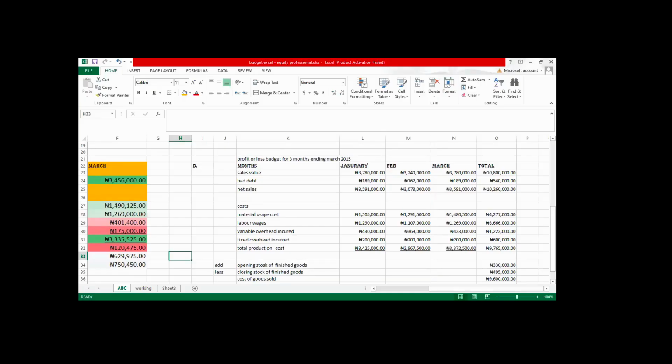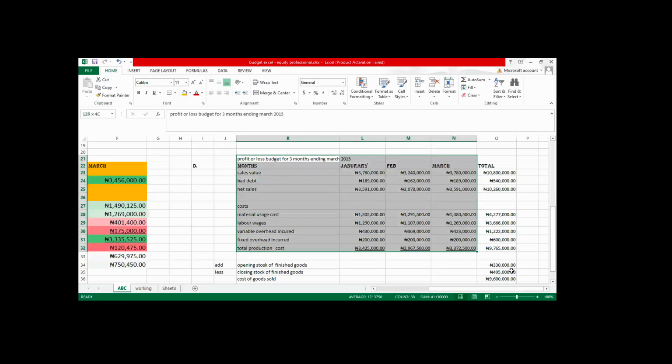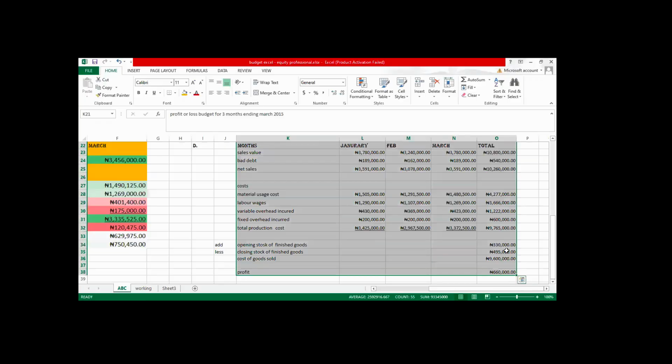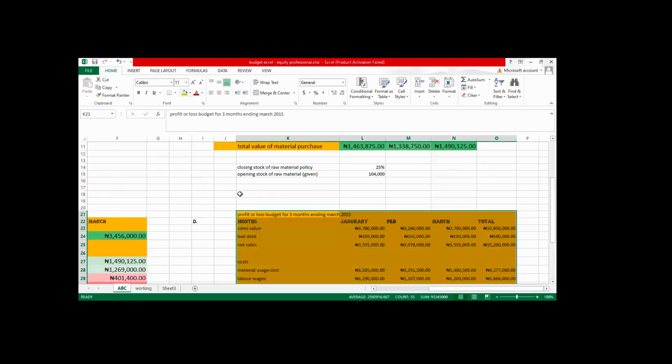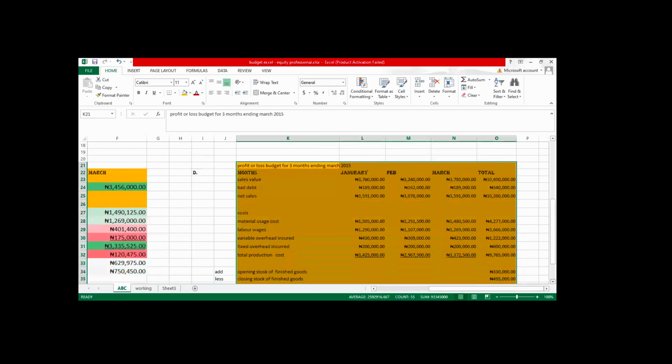Once your sales has been made, whether you collect cash or not, you must recognize it. This is the cash. Your profit and loss budget.